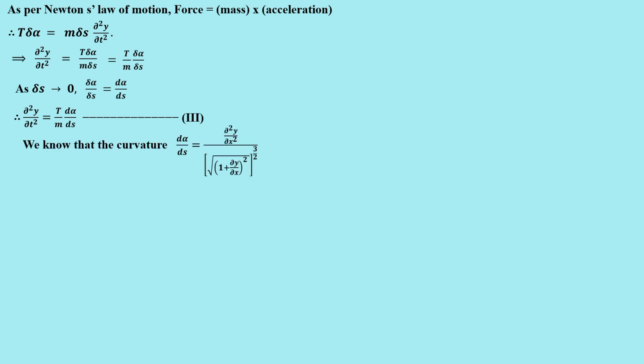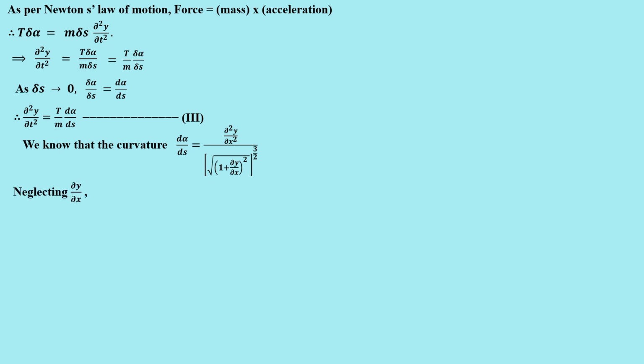We know the curvature d alpha by ds, because when you pull the string you will get a curvature. So d alpha by ds is equal to dou square y by dou x square divided by (1 plus (dy by dx) whole square) whole power 3 by 2. This is the curvature formula from calculus.